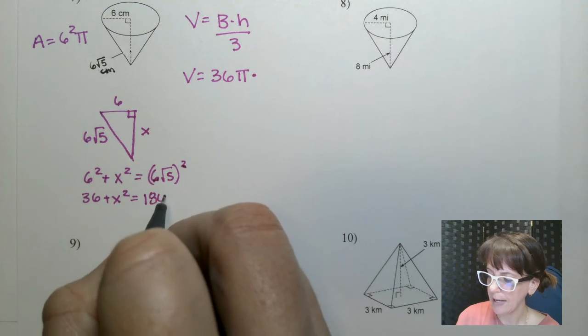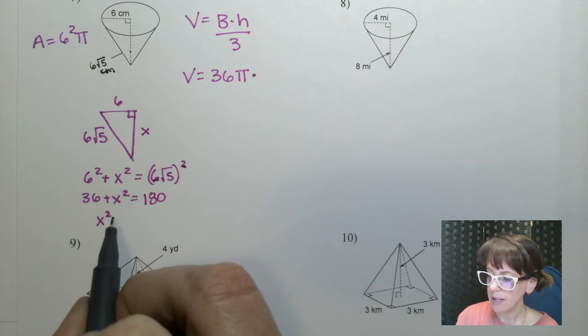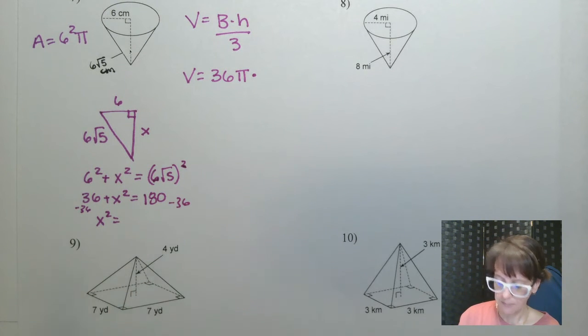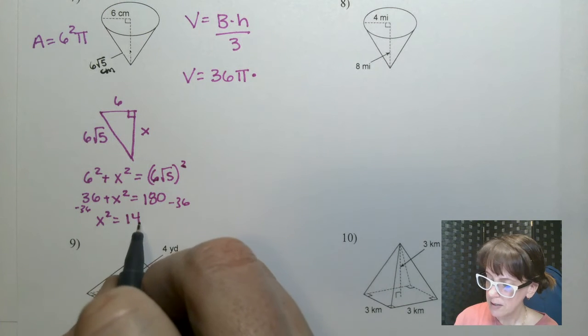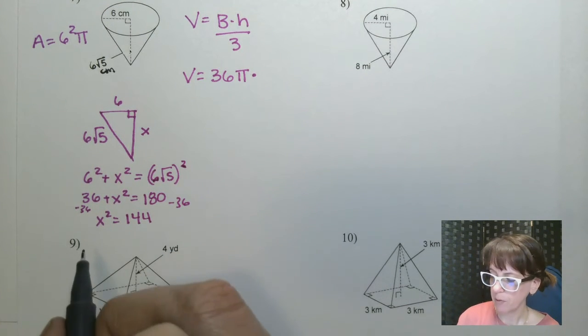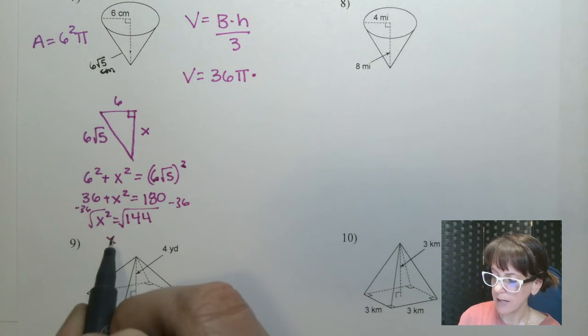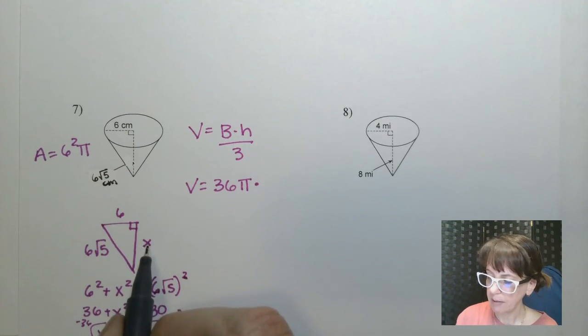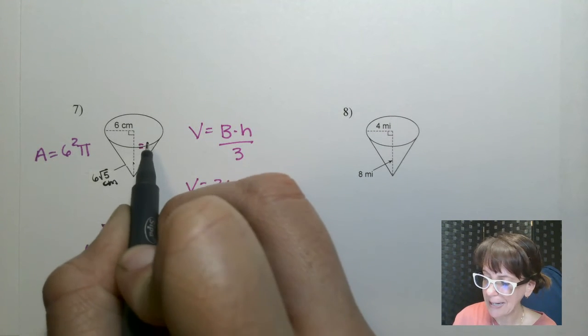So that gives me 180. So I have x squared equals, if I minus 36 from both sides, I end up with 144. So x squared equals 144. Square root both sides, we get x equals 12. Okay, so now we know that this guy right here equals 12, which means our height is now 12.